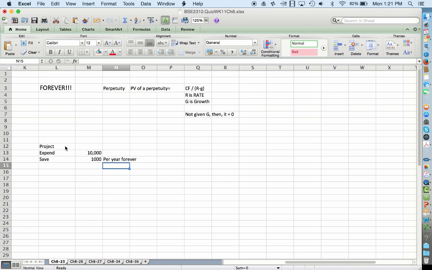Normally, we would take the number of years, and we'd have year 0, and then we'd have year 1, year 2, year 3, etc. Right? Well, we don't have a fixed number of years.